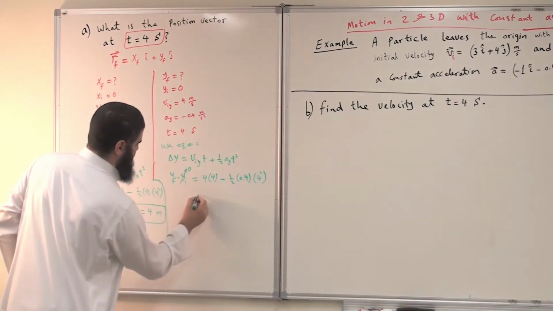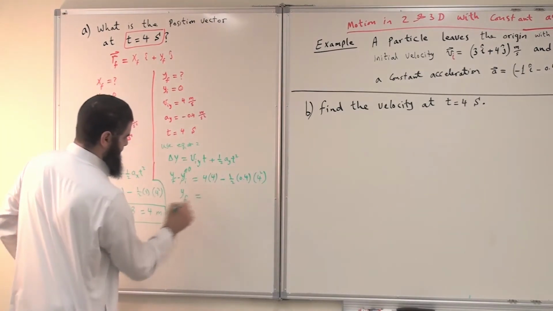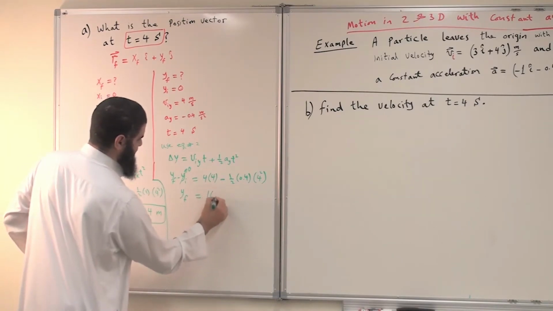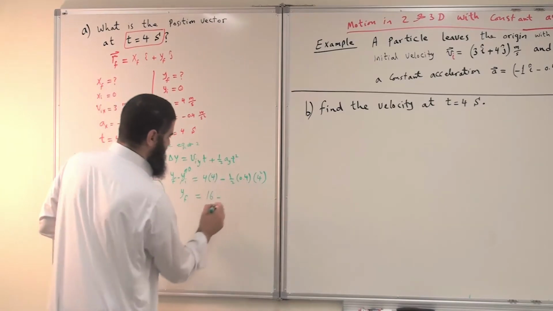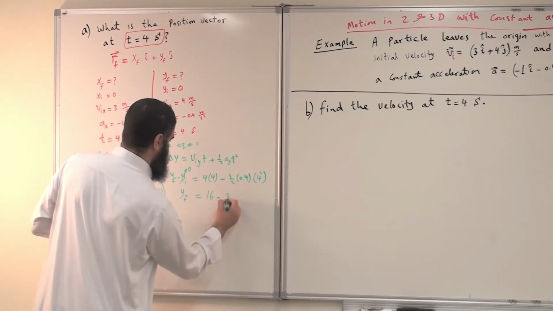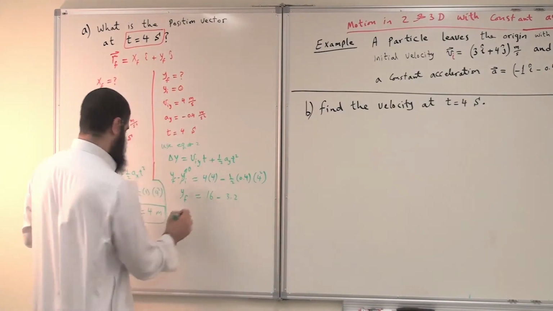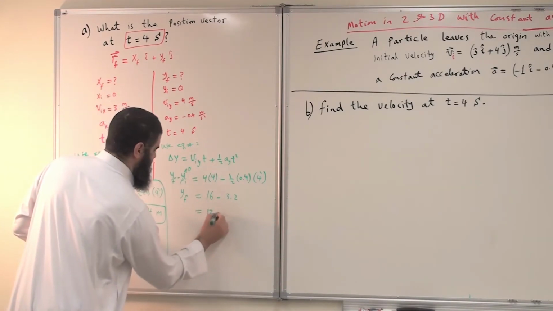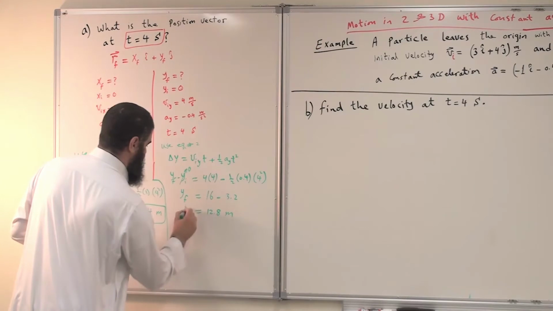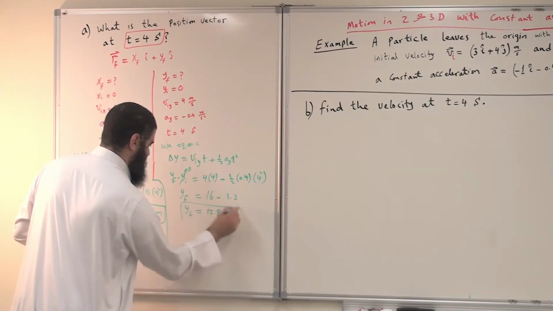And I am left with y final equals 16 minus 8 multiplied by 0.4, and this will be 3.2, and I am left with 12.8 meters. This is y final.